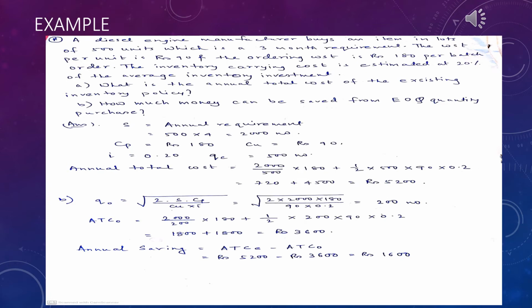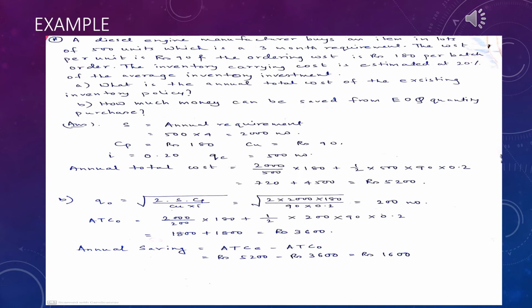Now the annual total cost before calculating EOQ should be as follows. The annual requirement is 2000. I am ordering 500 per batch. So 2000 by 500 into the cost of procurement should be the total ordering cost. So that is 4 into 180.